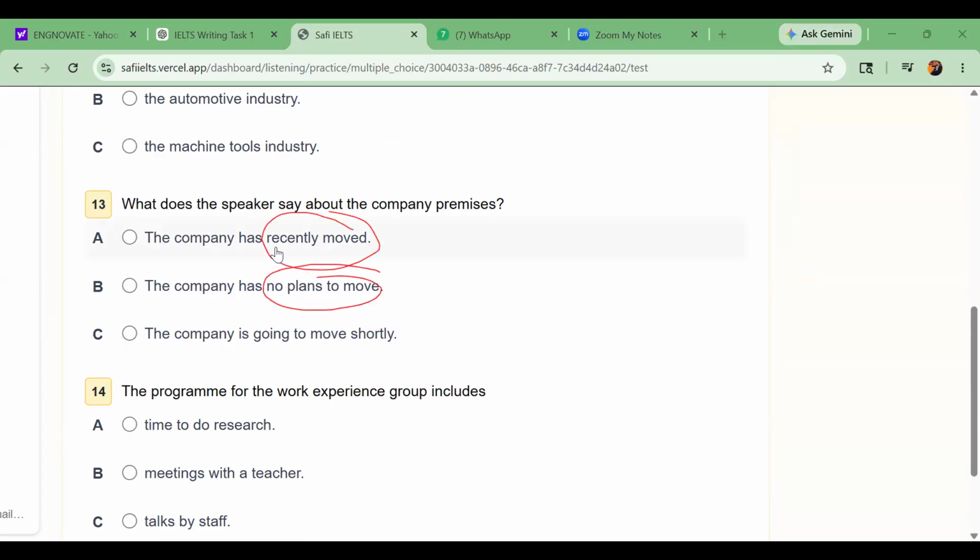No plans to move. Always be careful with negations. And the third, the company is going to move. Recently move, going to move, and no plan to move. So now first of all, listen what it talks about. Either it is moved or no plan to move or shortly going to move.